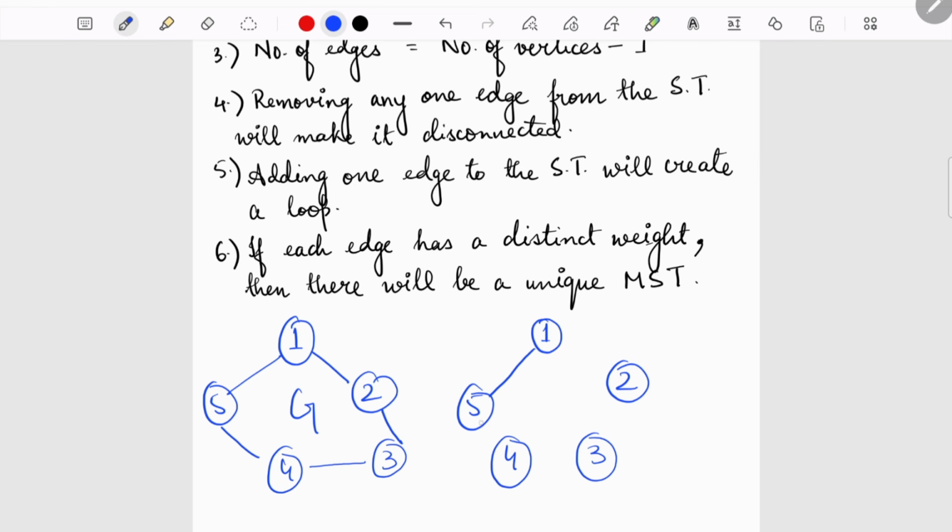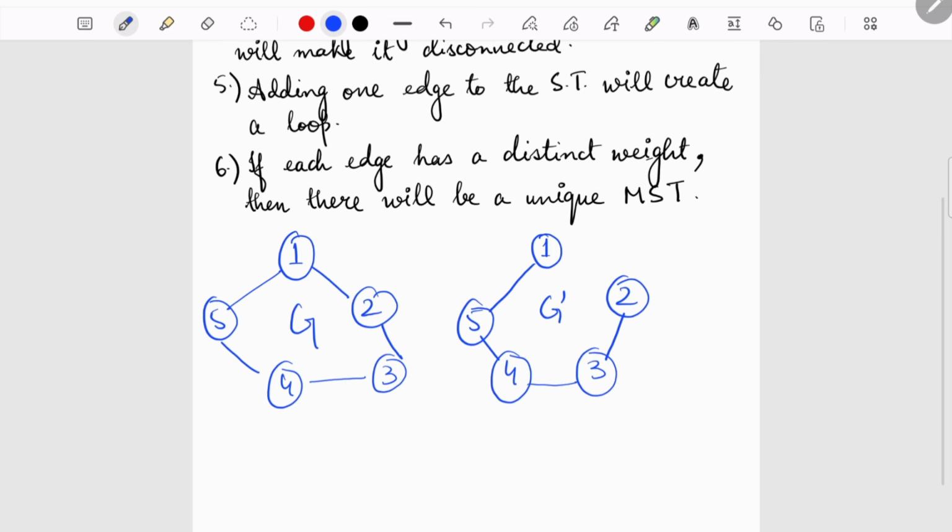So we can make a spanning tree like this. G and G dash have an equal number of vertices, and all the vertices are connected. We also have another condition that the number of edges is V minus 1. So the number of edges is 4.